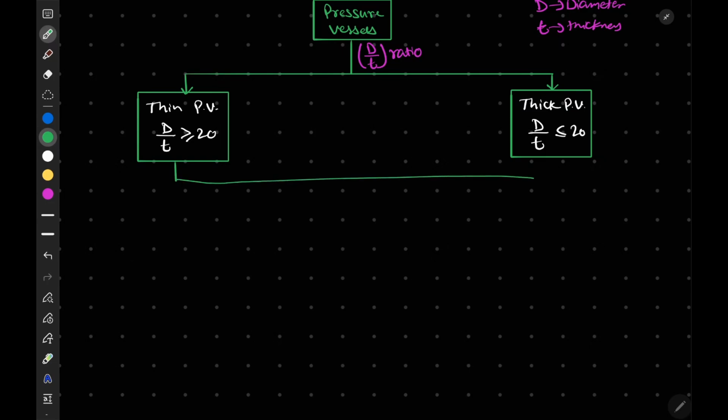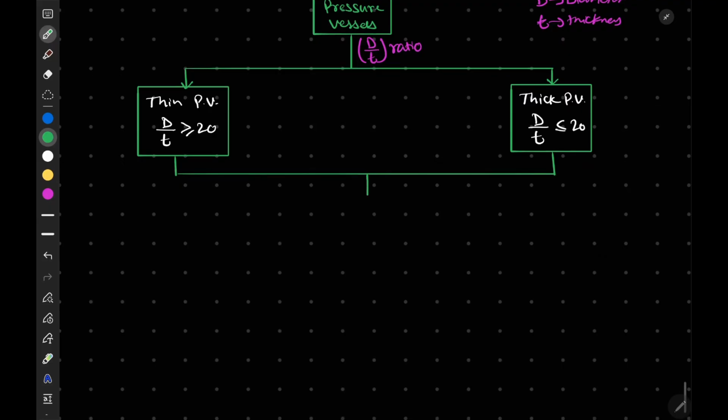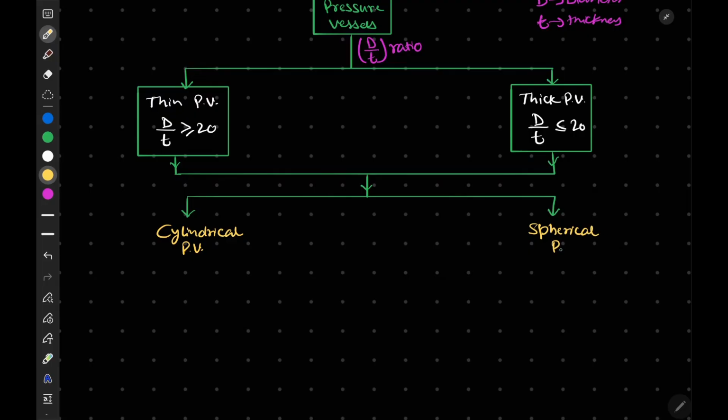For both, it is classified as cylindrical pressure vessels and spherical pressure vessels.